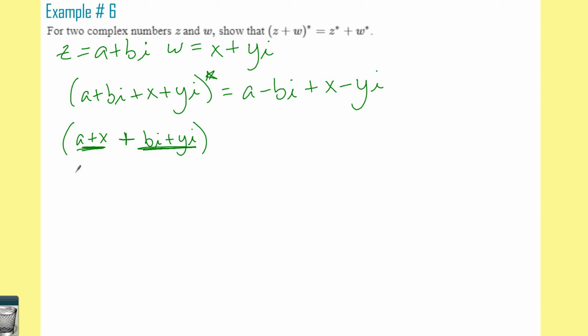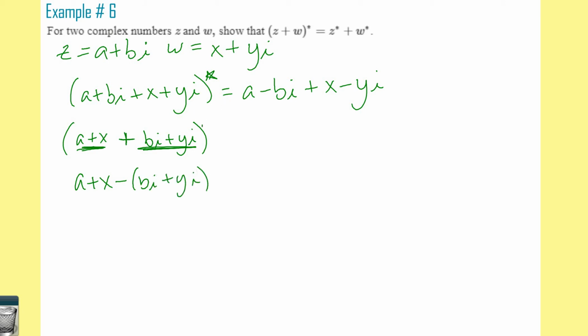So that's a plus x minus the quantity bi plus yi.